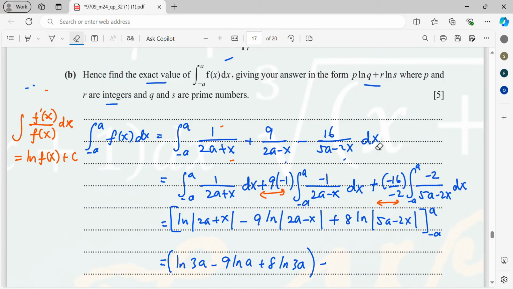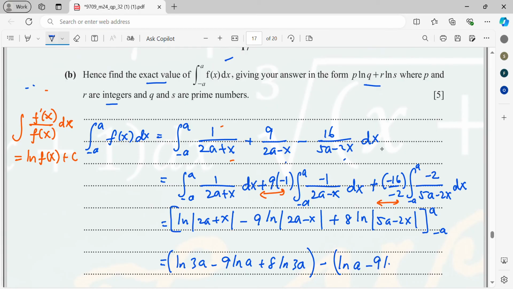So the first term will be ln 2a minus a is a, and then minus 9 ln 3a, because 2a minus minus a is 3a. Then plus 8 ln 7a.